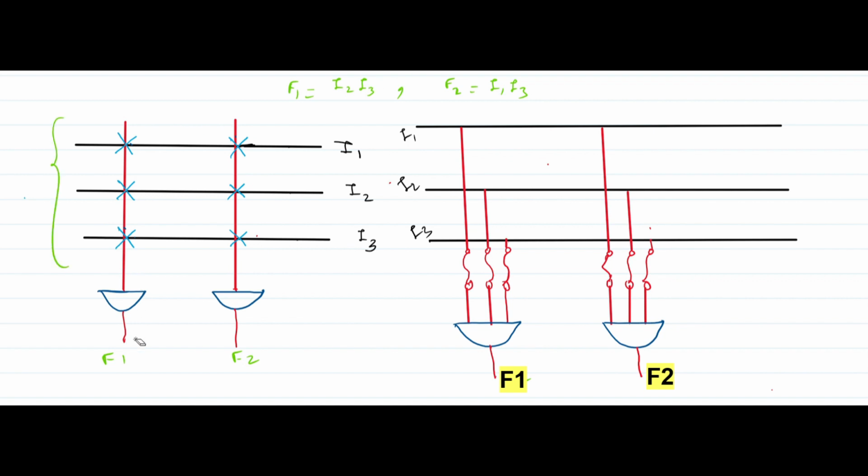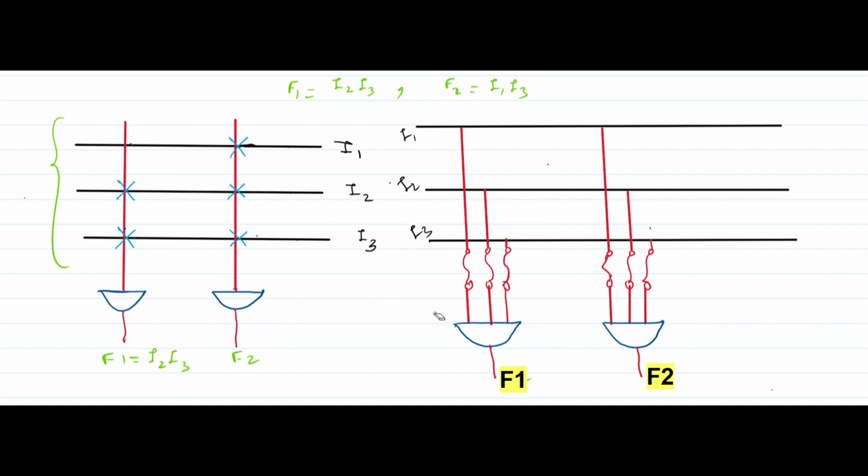Now f1 is nothing but I2 and I3, so I1 is not there. So we can remove this connection I1, by removing this fuse. So if you see here, what is f1? F1 is I2 into I3.